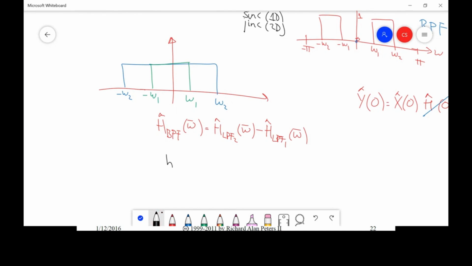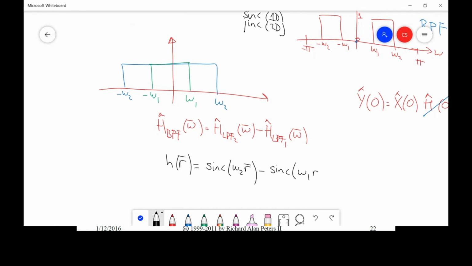We do the spatial analysis in real space. This will be a sinc, let me do it in one dimension, associated to omega 1 and omega 2, minus the sinc associated to omega 1.